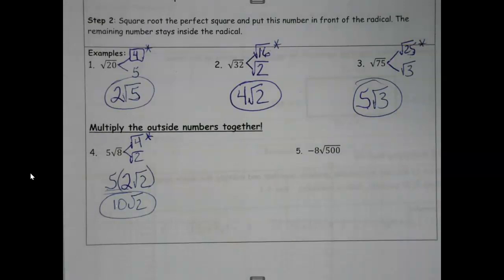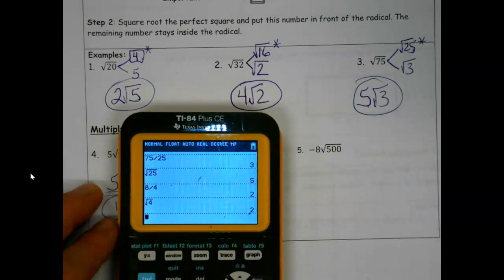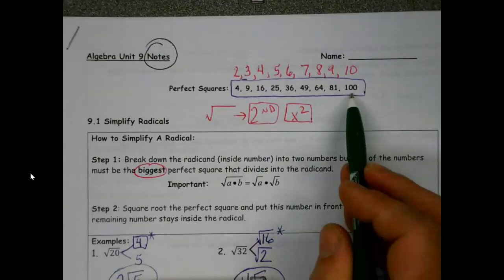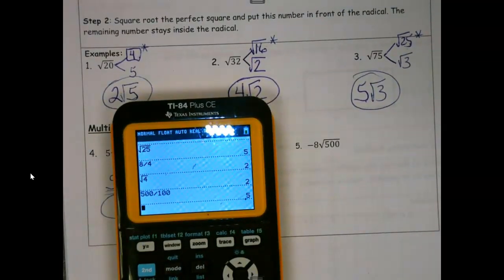And so when we keep working with these, you're like, woo, 500, what the heck? Okay, big number. So we'll start with our biggest one. What's the 10? 250 is not a perfect square. But yeah, there are some bigger perfect squares. We'll deal with them down the road. 400, not yet.